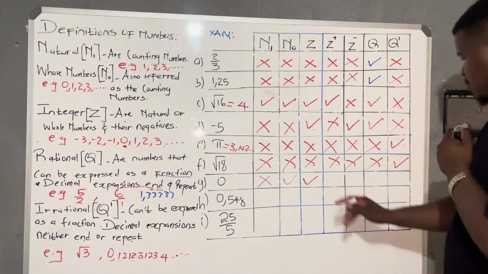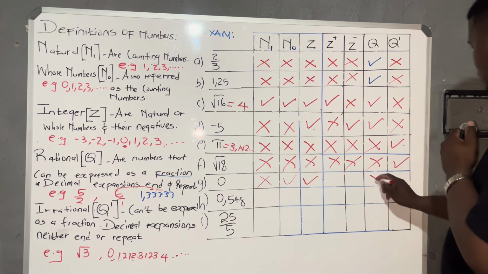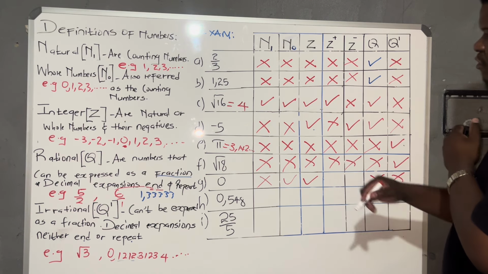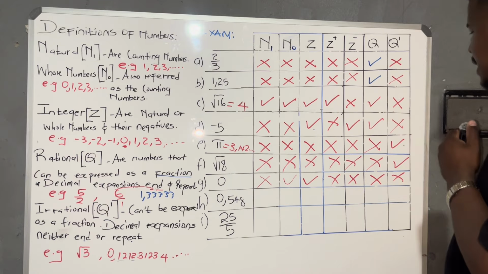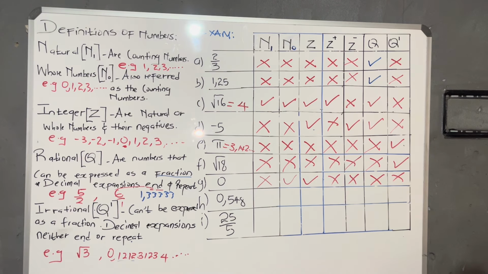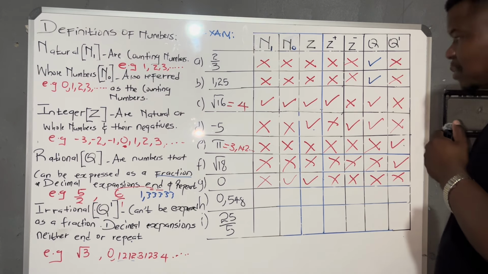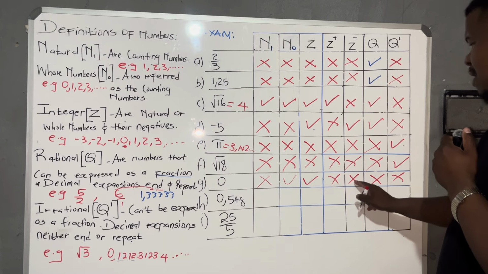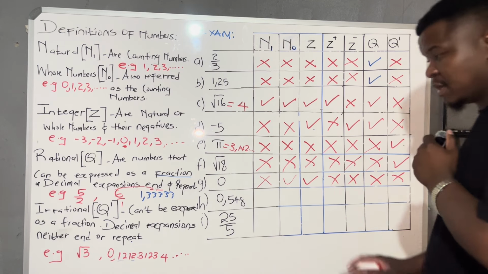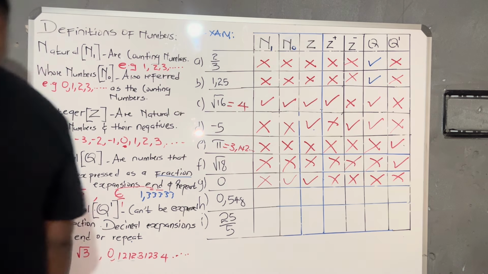You can just look at the definition to make sense of everything. But we can verify a few things, especially when it comes to 0. Can 0 be positive? Can 0 be negative? It's just in between. So that is something we can look at.